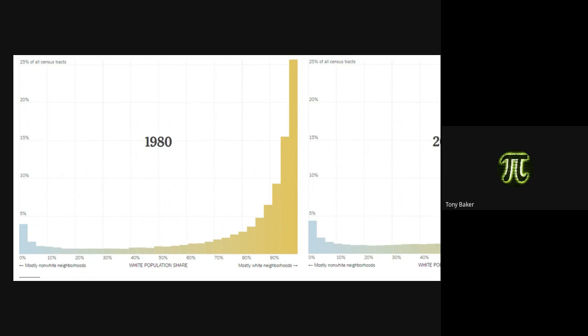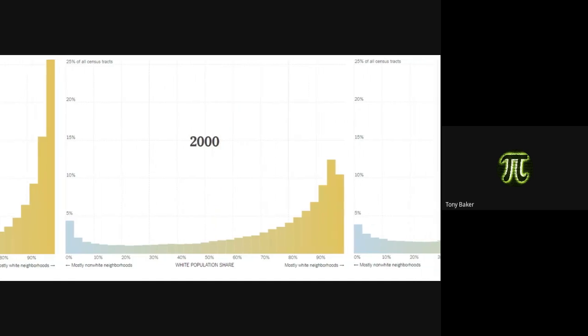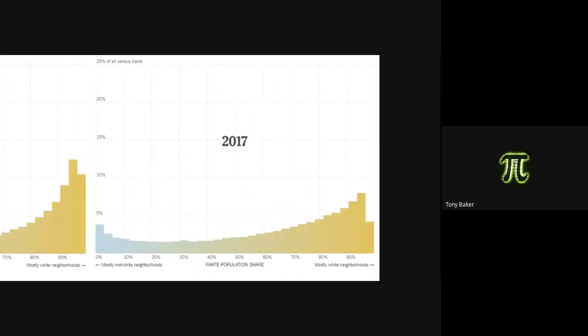The higher the bar, the more of those neighborhoods exist. The further to the right on your side, the more white they are. So that's 1980. That's 2000. And that's 2017.